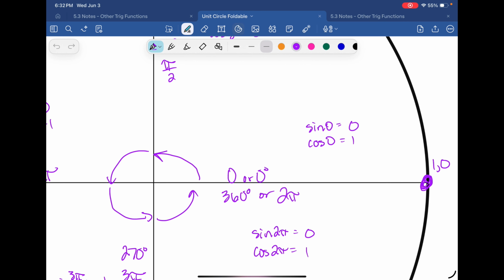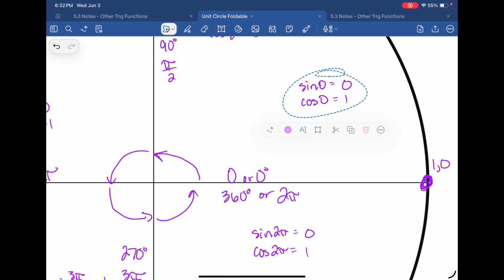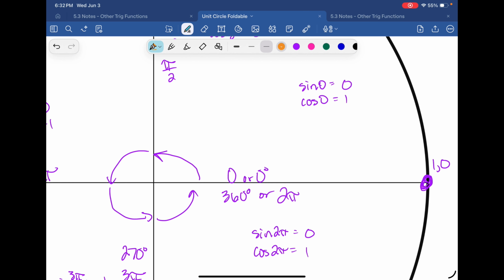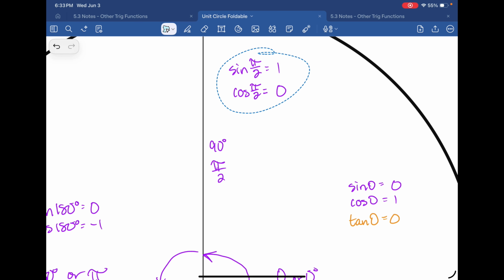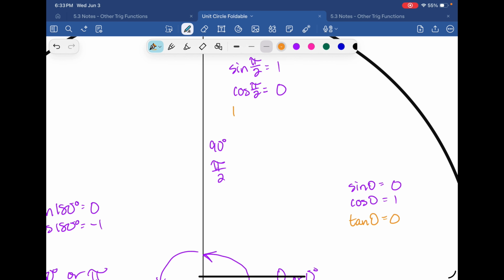All right, tangent. Let's do tangent 0. Tangent is y over x, 0 over 1, that would be 0. Tangent pi over 2, y over x, that will be undefined.